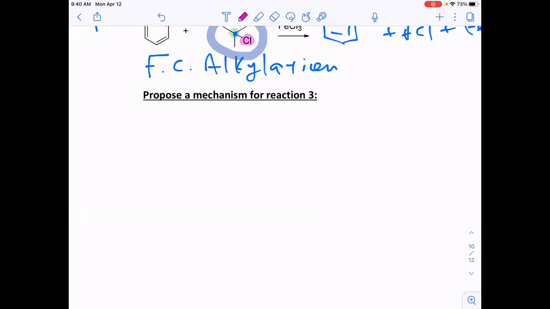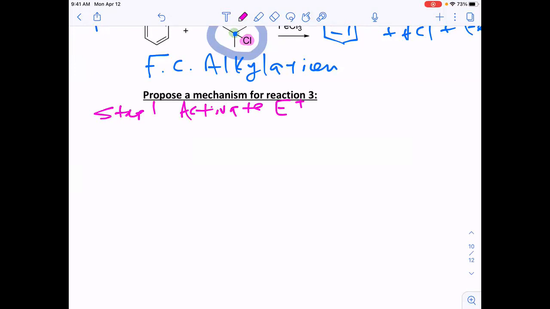Electrophilic activation. Right, so we're going to activate our electrophile, good. Normally the way that happens is the catalyst is going to form some type of complex with the electrophile and remove the halogen from it, or remove the leaving group.